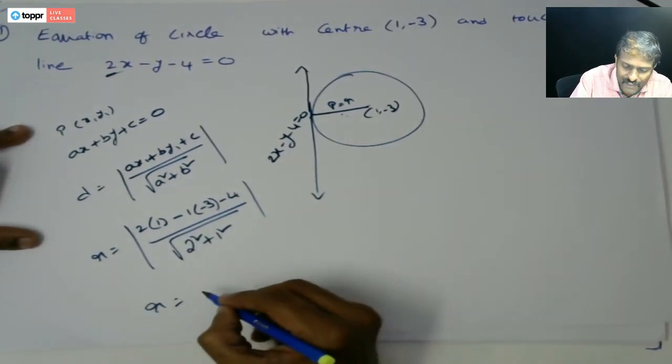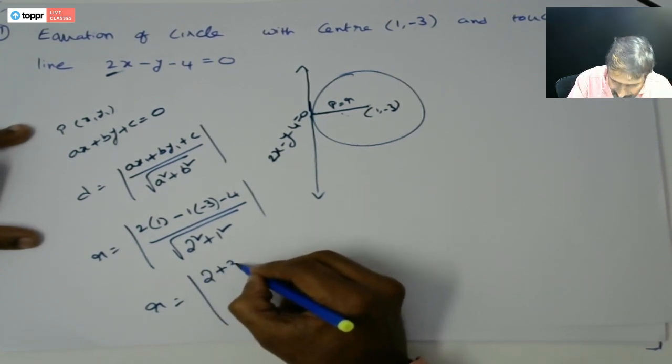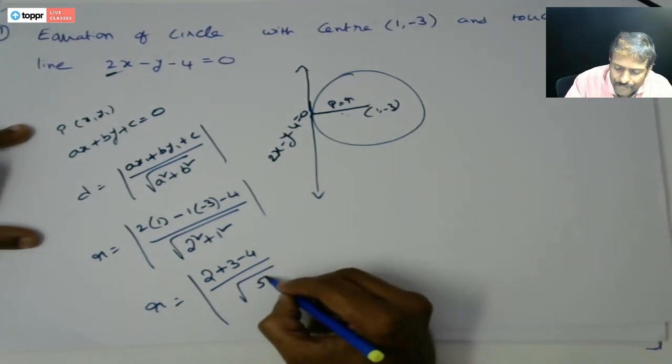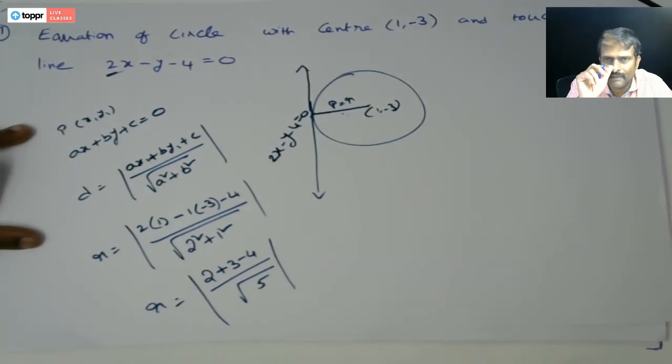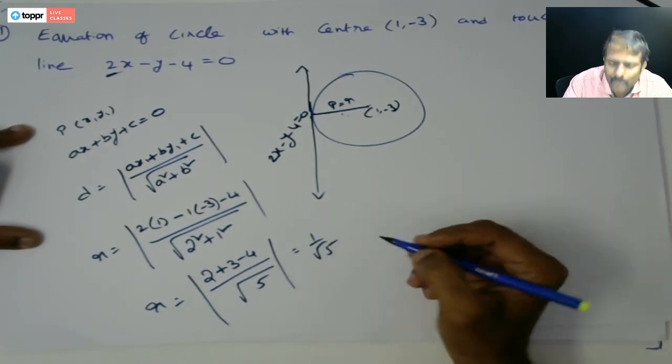So the radius is equal to 2 plus 3 minus 4 by root of 5, which is equal to 1 by root 5.